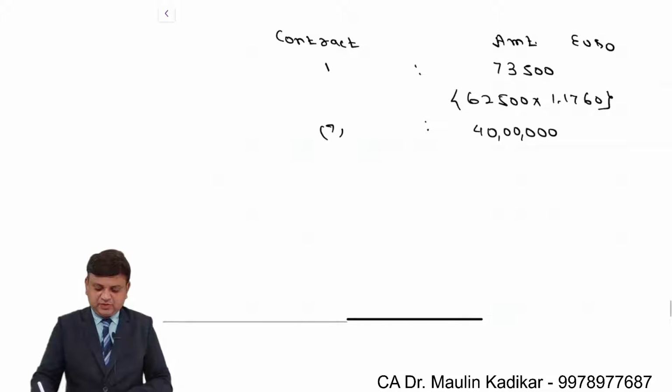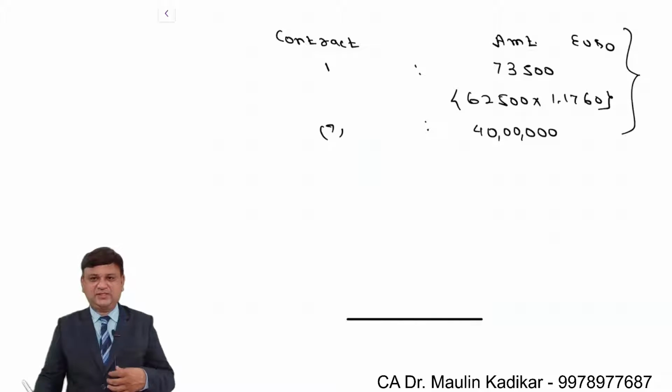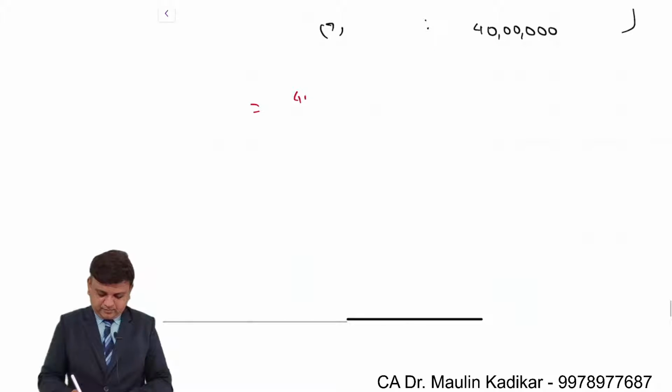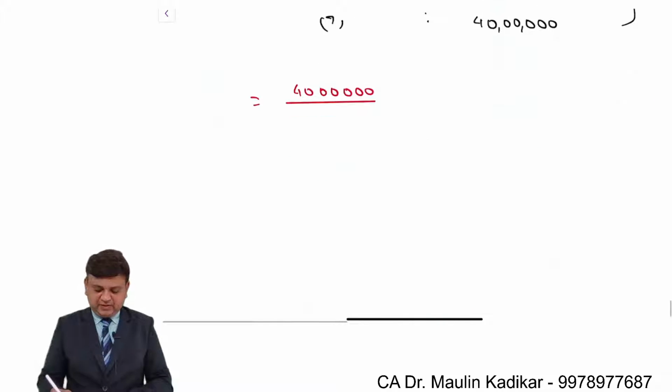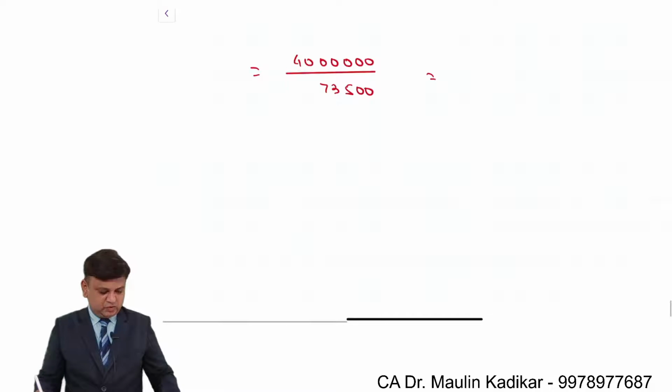As we have discussed friends already, this 40 lakhs euro can be converted into pound to compute the number of contracts. So 40 lakhs divided by 73,500.